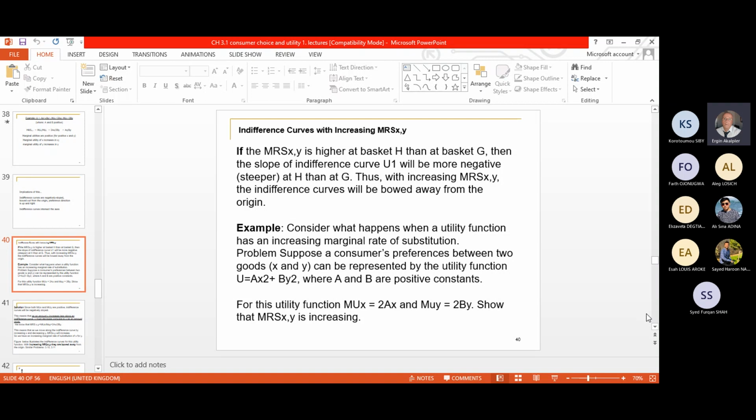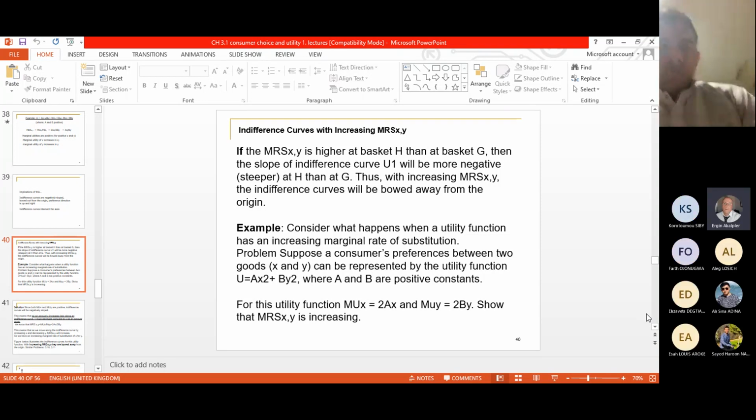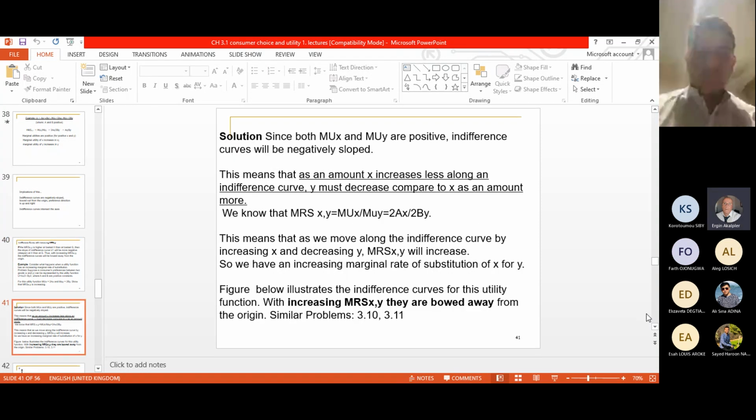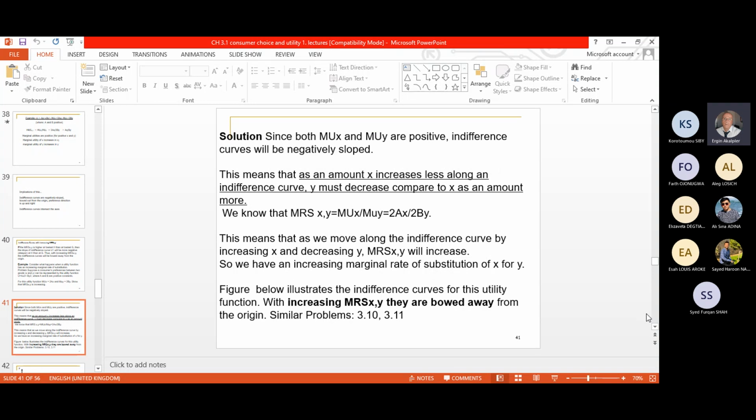For this utility function, marginal utility of x is 2ax and marginal utility of y is 2by, so the marginal rate of substitution of x to y is increasing. And the solution: since both marginal utility of x and marginal utility of y are positive, indifference curves will be negatively sloped. This means that as the amount of x increases along an indifference curve, y must decrease.